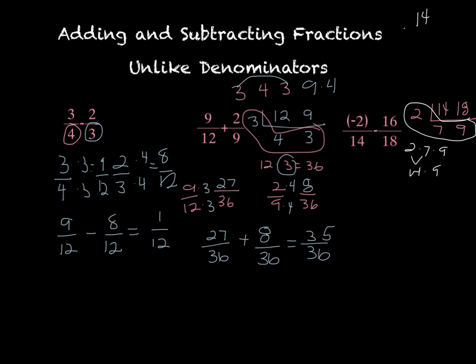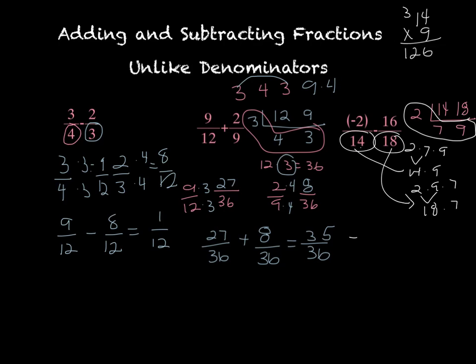So 14 times 9 is 126. We know one of our numbers is 14. We know our other number is 18, so we can also write 2 times 9 times 7, so that would make our 18 times 7. So now we have both of our numbers in there.